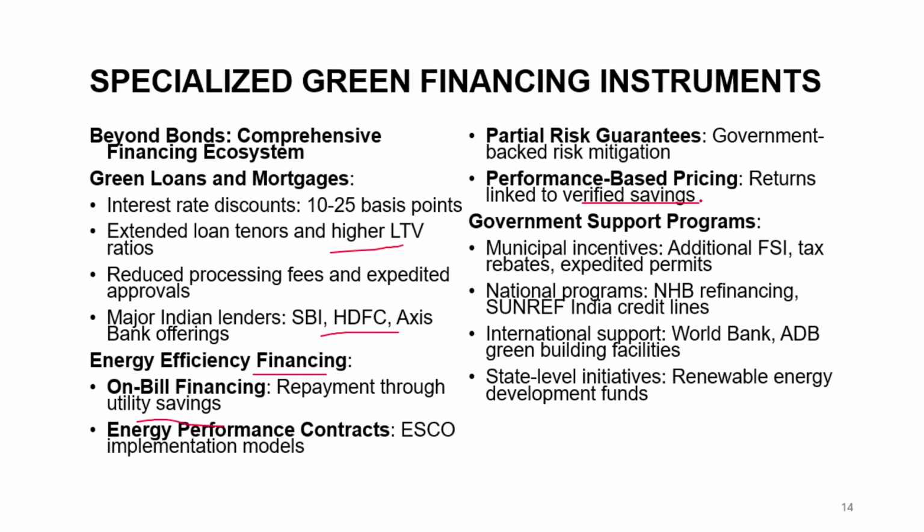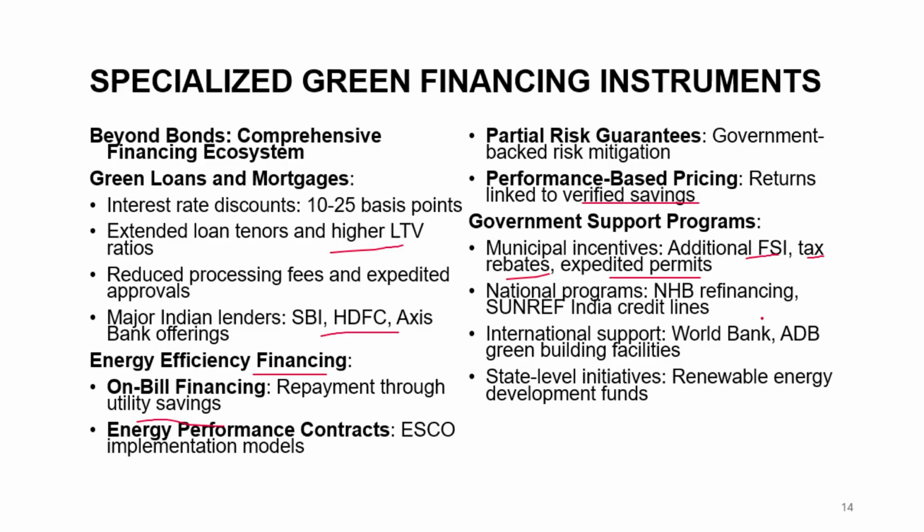And there are government support programs also here. So government support programs provide additional incentives. Municipal incentives include additional FSI, tax rebates and expedited permits. National programs offer NHB refinancing and Sunref India credit lines.